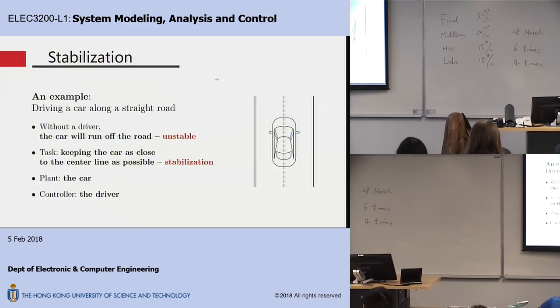Let's look at an example. Suppose you drive a car along a straight road. You are the driver sitting there. Of course, the main purpose is to keep the car in the desirable position of the road. You don't want to go off the road.